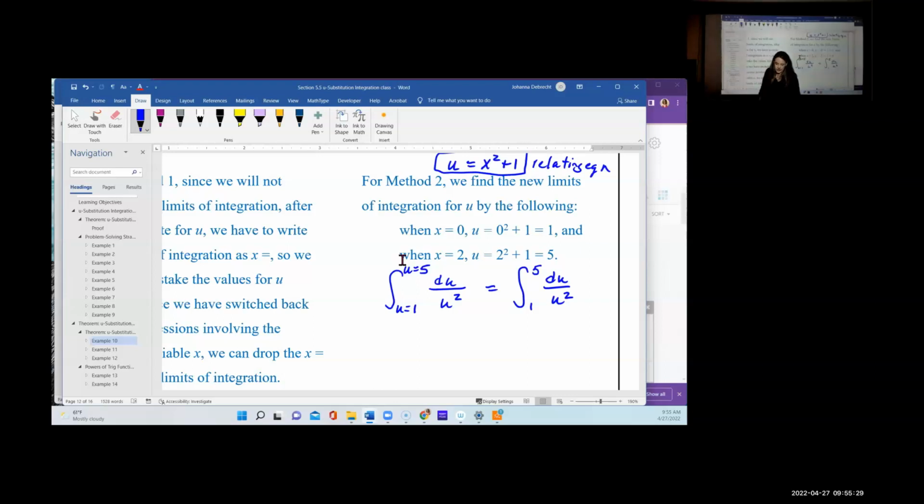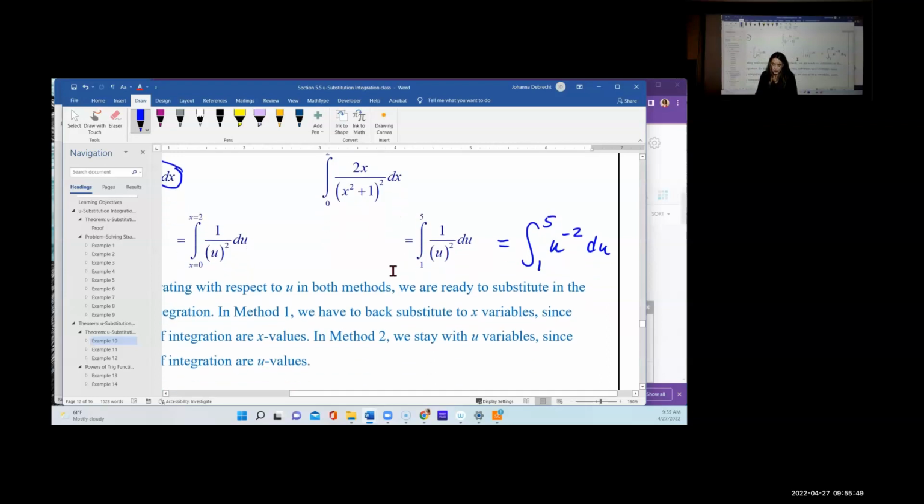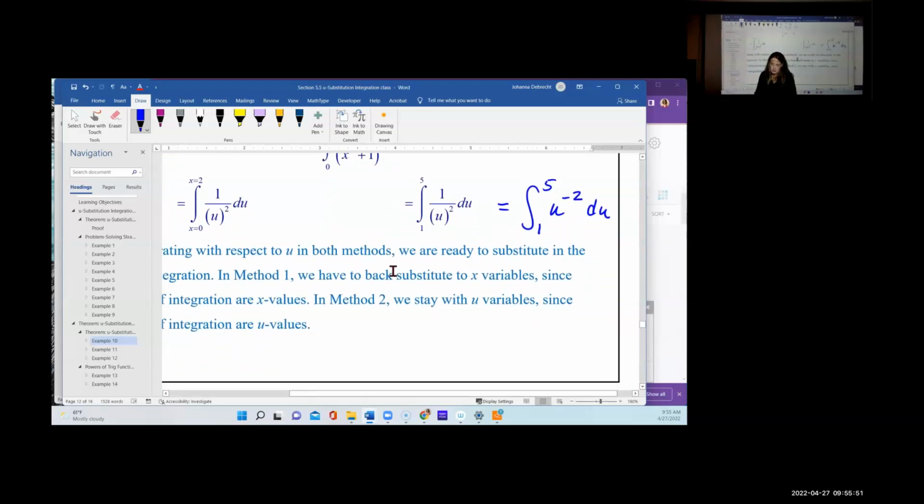Okay. After replacing the limits of integration with u values, we're ready to go ahead and find the antiderivative function. So again, we're going to take this expression and rewrite it in power form, in the numerator, as u to the negative 2 du. This part is identical to method 1.